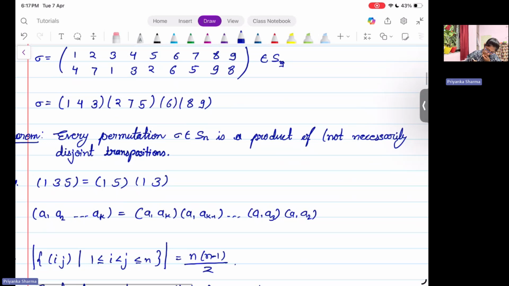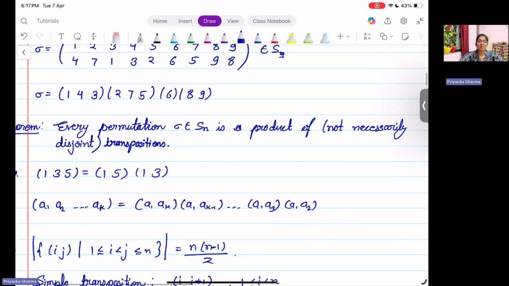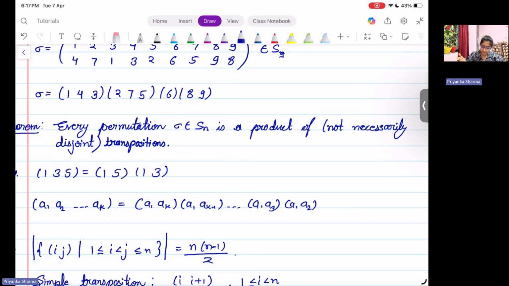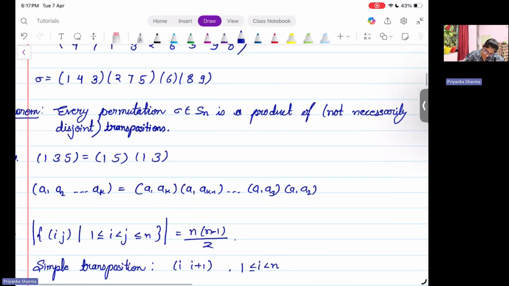And as well as not necessarily disjoint. Because see, we have this (1 3 5). So this will be written as (1 5)(1 3). So what is the simplest way to write a given permutation in the form of a product of transpositions, where the transpositions are not disjoint?